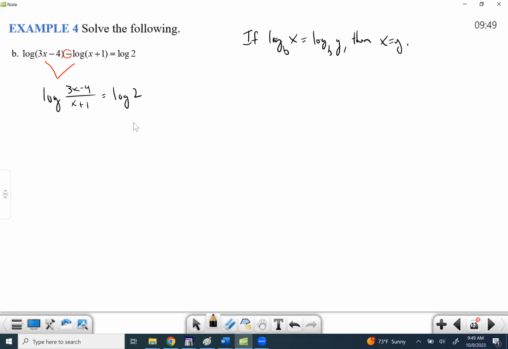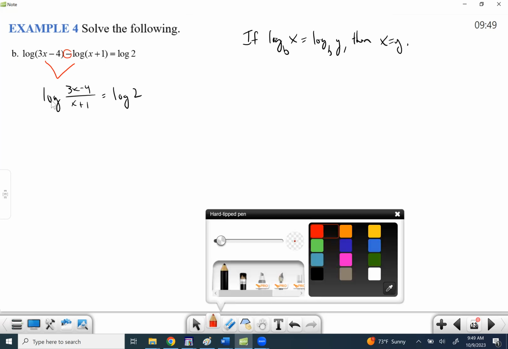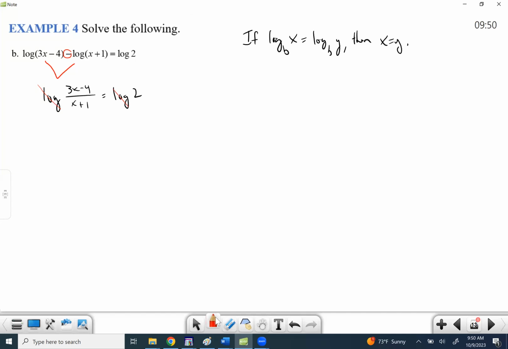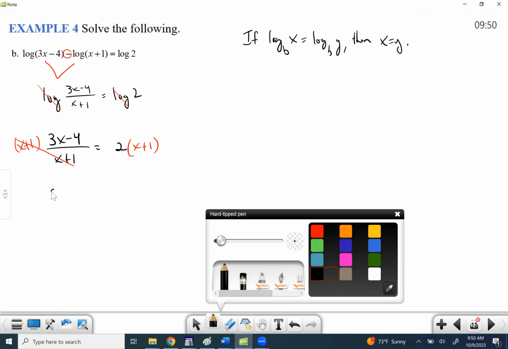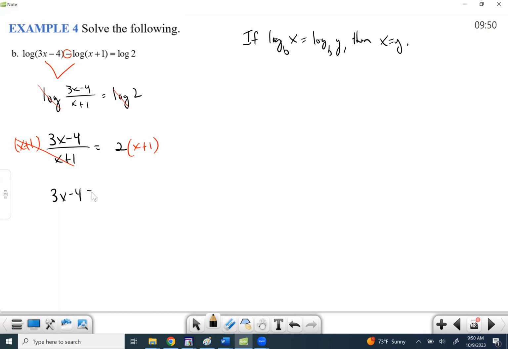So on the next line, we can say, okay, forget the logs now. We're going to set the arguments of the logarithm equal to each other. To get rid of the fractions, we will multiply by the denominator, so x plus 1 cancels here. Whatever you do to one side, you have to do to the other. So we get 3x minus 4 equals 2x plus 2.